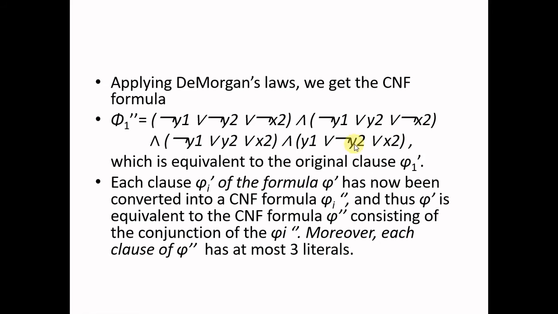Each of these clauses in phi double dash has at most 3 literals, not exactly 3 literals. So the third and final step of the reduction further transforms the formula so that each clause has exactly 3 distinct literals, that is our aim.